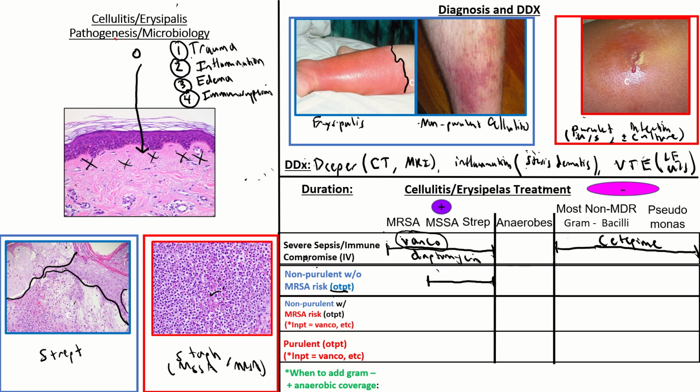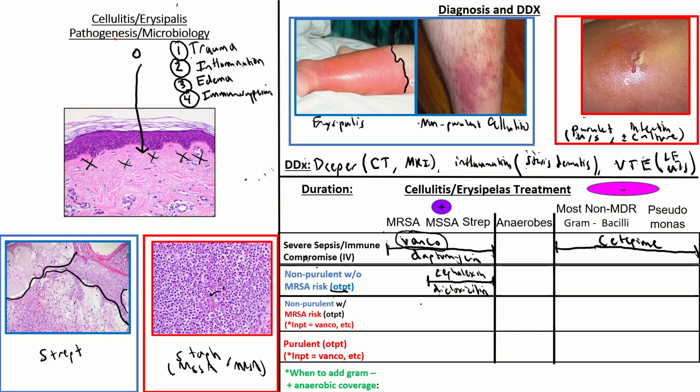So your typical go-tos for this one, at least by antibiogram here, is going to be cephalexin, or you can also do dicloxacillin as well for your oral antibiotics. Next, if someone comes into the hospital and they're not severely septic, they're not immune compromised, they have a non-purulent cellulitis, in our hospital we're able to use cefazolin for that, which is the IV equivalent of cephalexin.